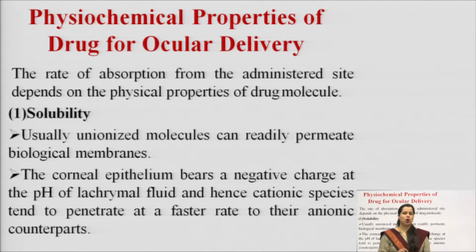First is solubility. Usually unionized molecules can readily permeate biological membranes. The corneal epithelium bears a negative charge at the pH of lacrimal fluid, and hence cationic species tend to penetrate at a faster rate than their anionic counterparts.